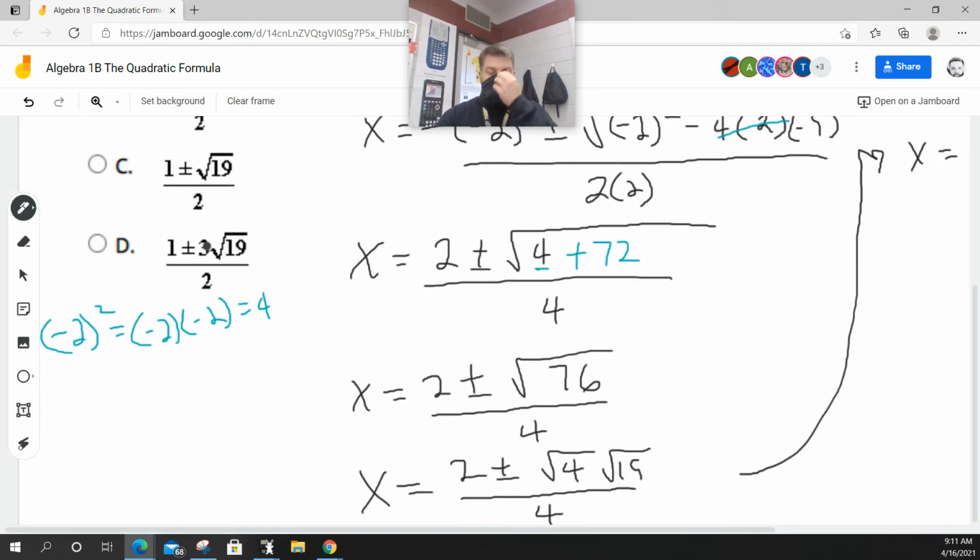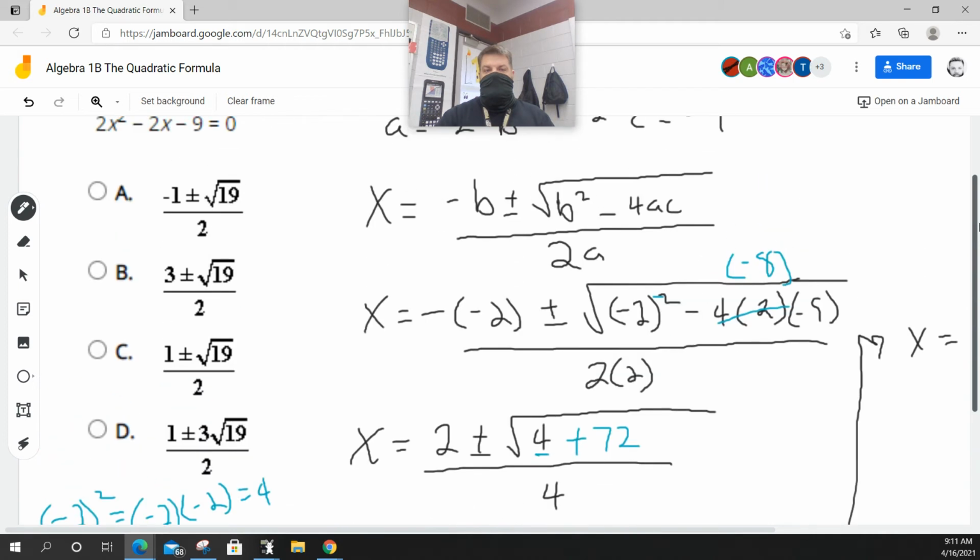Notice that my answers are all over 2, right? Do you see that? How in every answer the denominator is 2? It's because they simplified it.